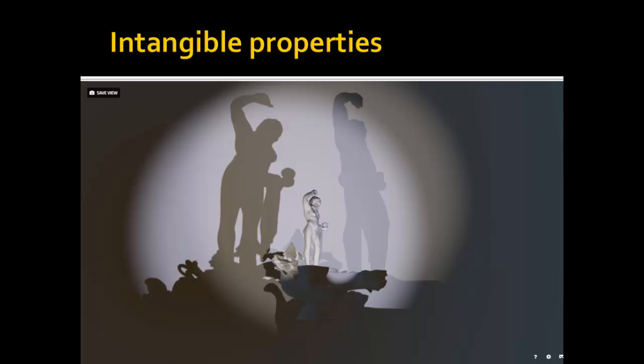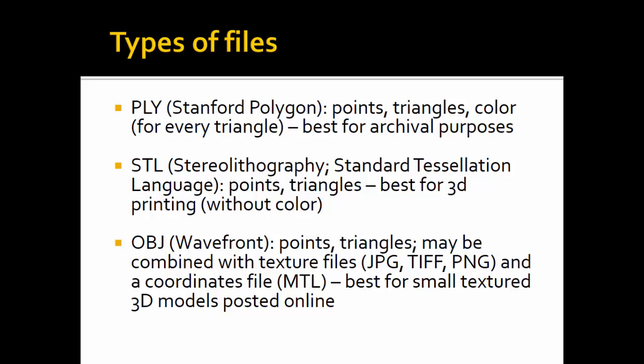So different uses obviously entail different types of digital files. For our archival quality models, we rely on Stanford Polygon 3D meshes. We choose this file because it is one of the most common formats today.